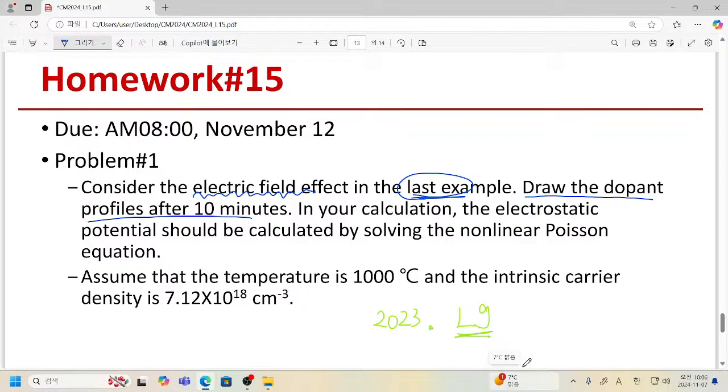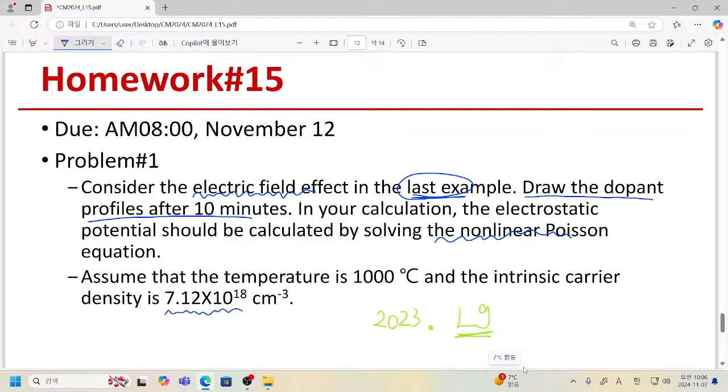So please try the option of the nonlinear Poisson equation. Of course, in order to calculate this one, you need thermal voltage and intrinsic carrier density. So I will give the numbers.